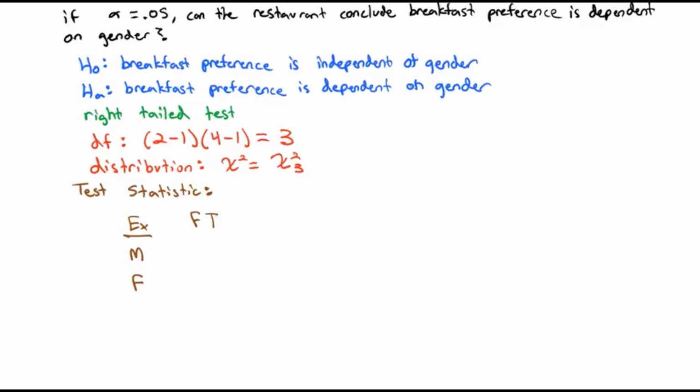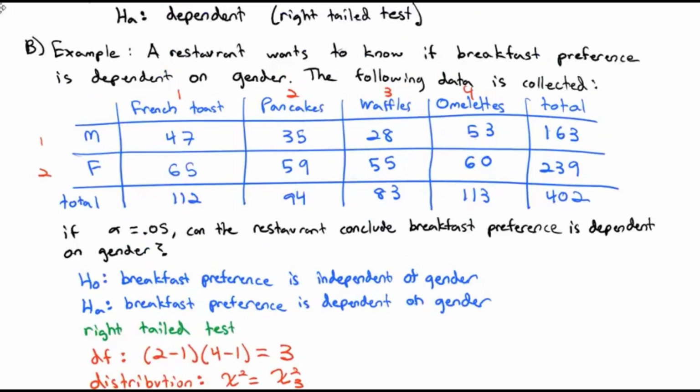And for French toast, I'll give it a little more space here. The way we calculate the expected value for our males with French toast is we will take the row of males and the column of French toast, those totals. So the row of males had a total of 163. The column had a total of 112. That's how we get the French toast male cell for expected.